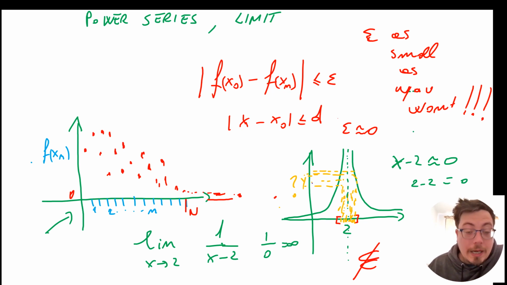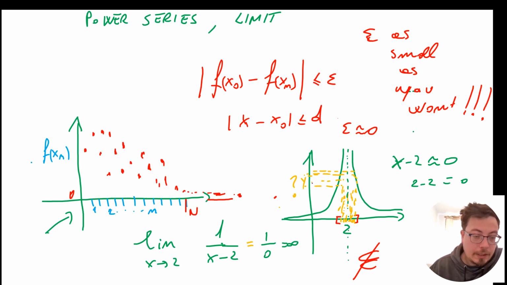Actually, it's getting larger and larger the closer you go to 2. So this is a very simple example of a function that doesn't have a limit for x equal to 2. All the other points are fine. You can find the limit there, but for x equal to 2 you can't.